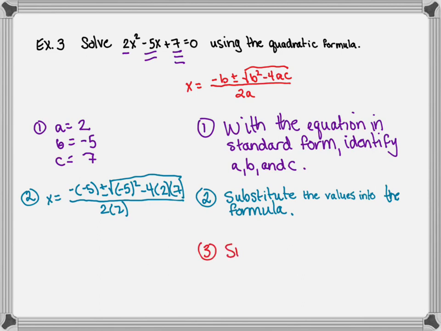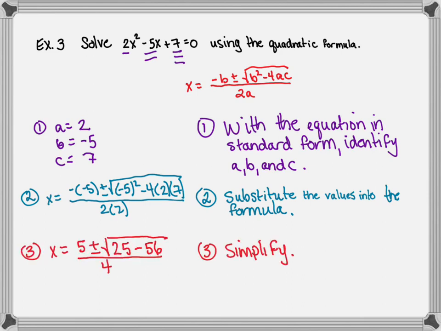We will simplify this. So x equals 5 plus or minus the square root of 25 minus 56 all over 4, or x equals 5 plus or minus the square root of negative 31 over 4. I have a negative underneath the radical, so I'll bring it out as an i.